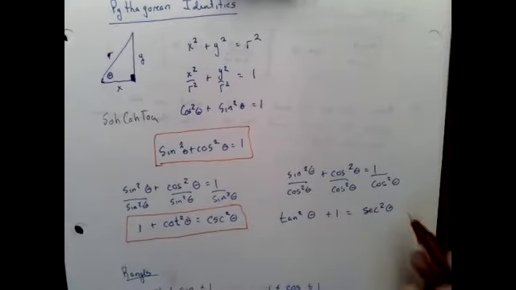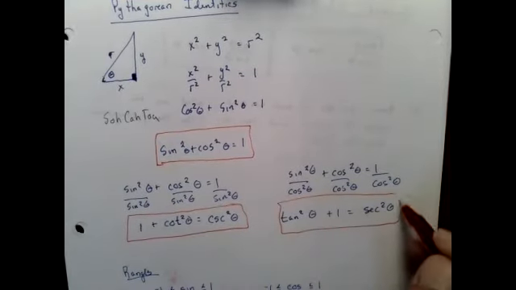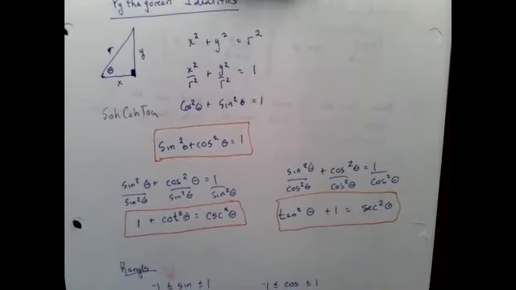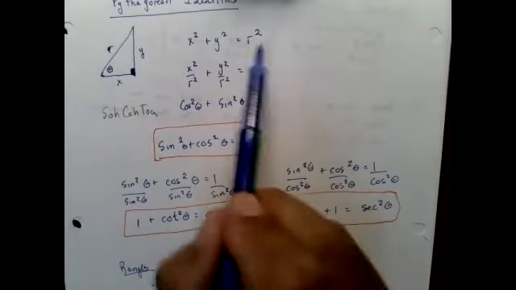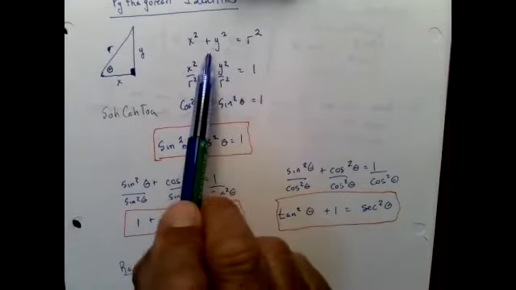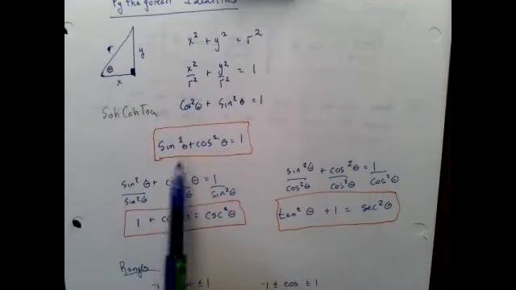So that's where these things come from. Now that we've discovered them, we can use them. It started with the Pythagorean theorem. We created our first Pythagorean identity, and used it to find the other two.